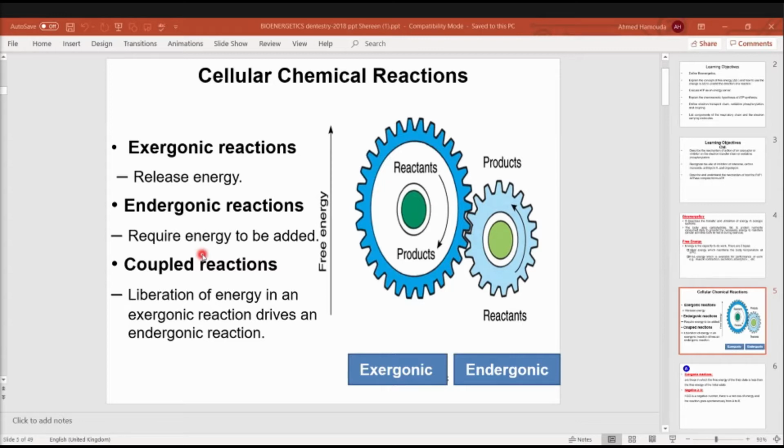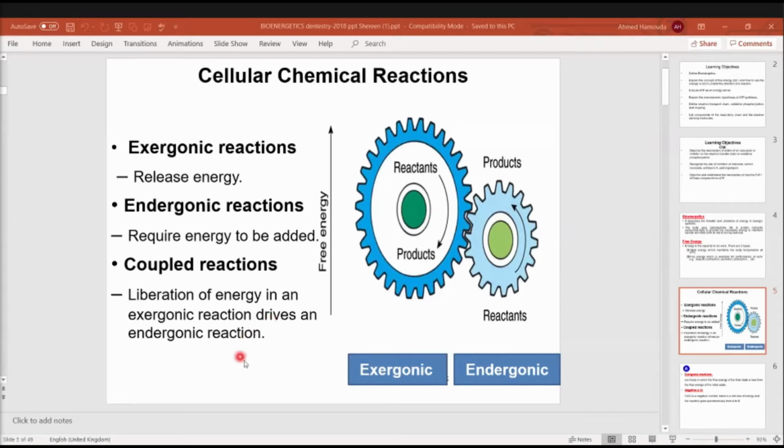A coupled reaction, again, is straightforward: it is the association between an exergonic and an endergonic reaction. What does it all mean? Basically, the endergonic reaction requires energy. Where does it get the energy from? When it is coupled to the exergonic reaction, then it will happen.